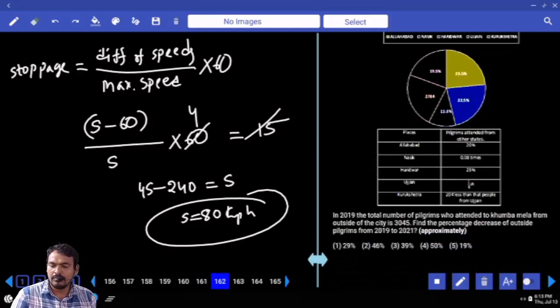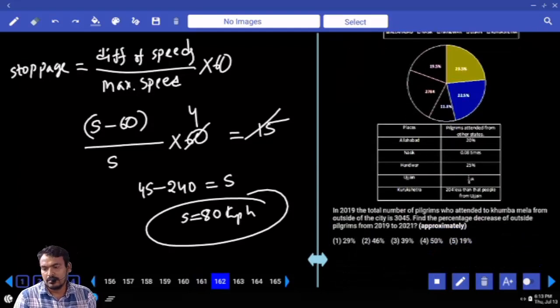Next question number 162. In 2019, the total number of pilgrims who attended the Kumbh Mela from outside of the city is how much? 3045. Find the percentage decrease of outside pilgrims from 2019 to 2021.